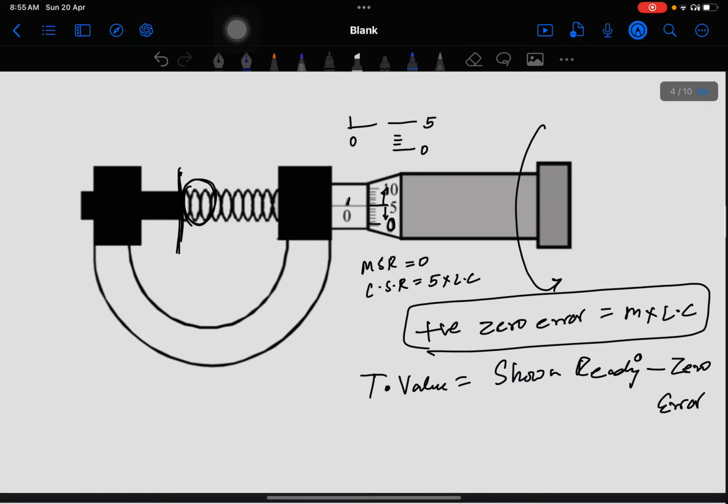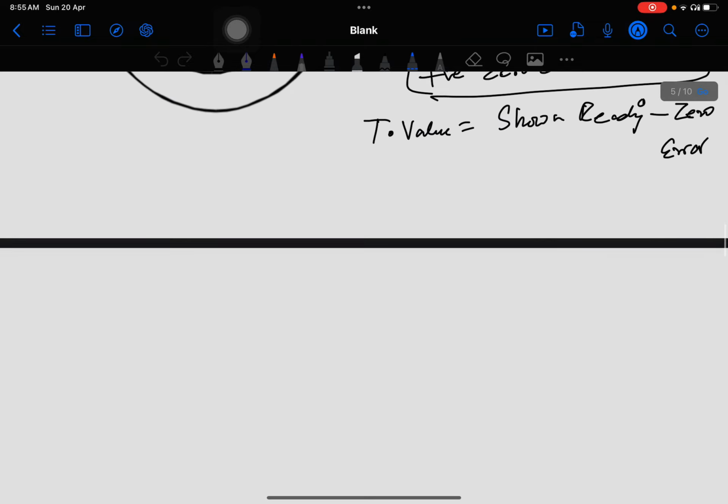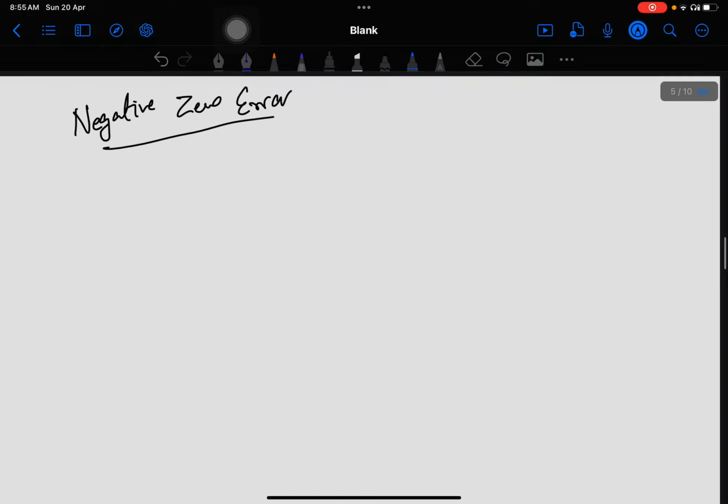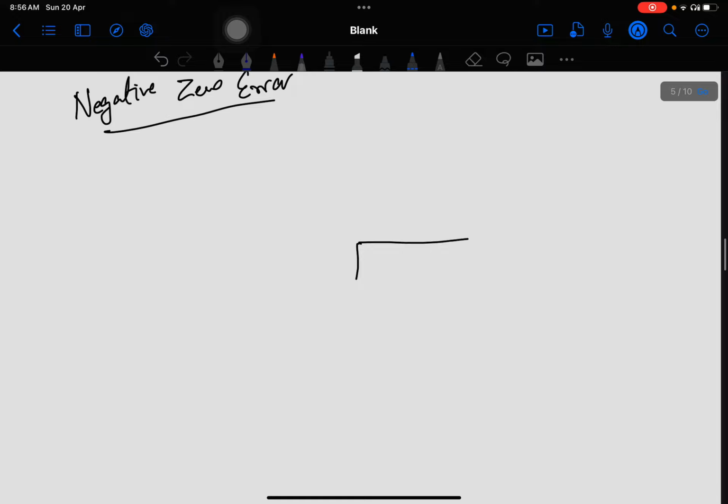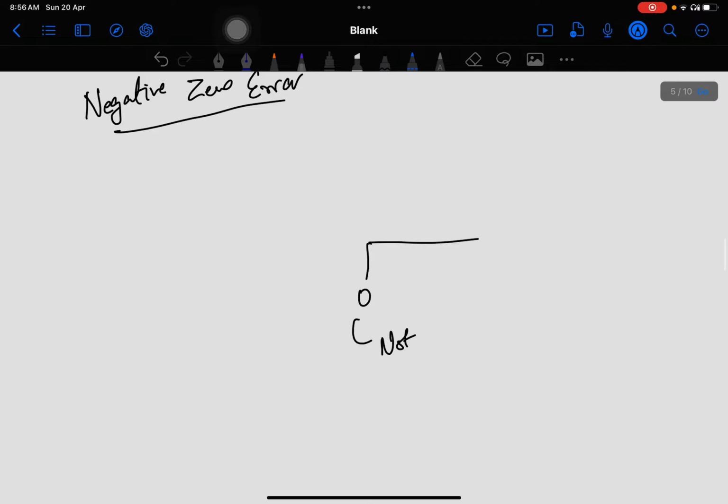Okay. So now let's take the case of a negative zero error. Now the negative zero error is such that the zero on the main scale is no longer going to be visible. So the situation will be in this way. Zero is not visible.